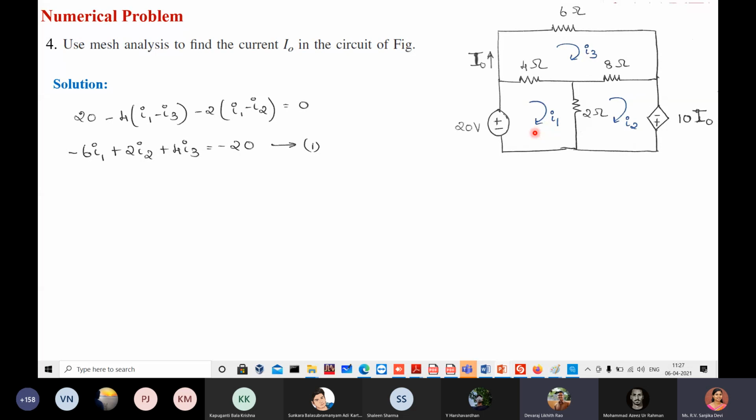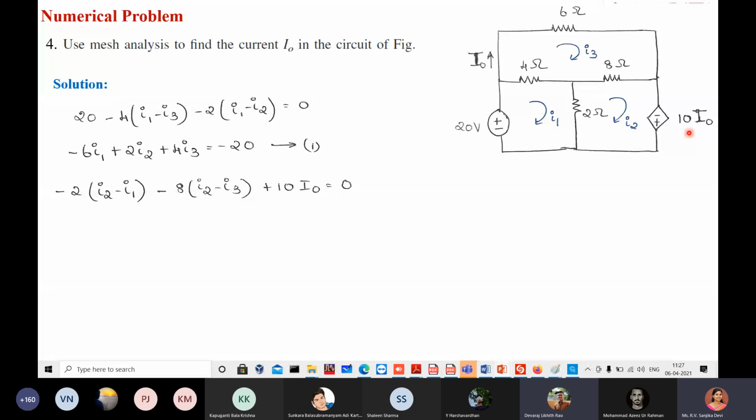So minus 6I1 plus 2I2 plus 4I3 is equal to minus 20. That is the first equation. Similarly, for the second loop, this is a voltage source, so we can just write it as a voltage source equation only. Write for the second loop. Minus 18I3 plus 4I1 plus 8I2 is equal to 0.